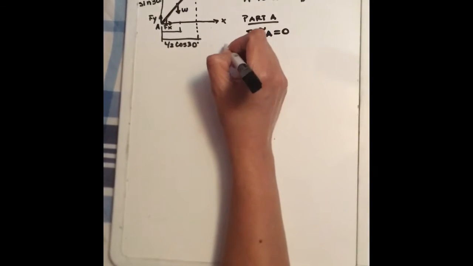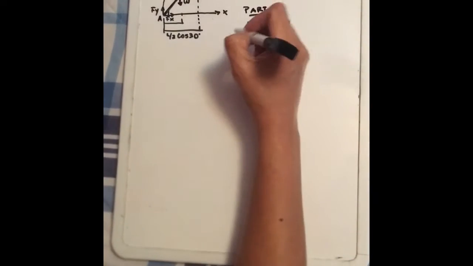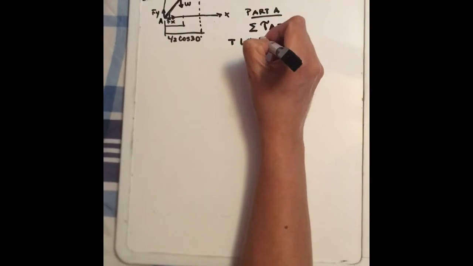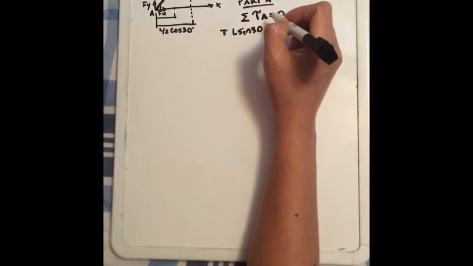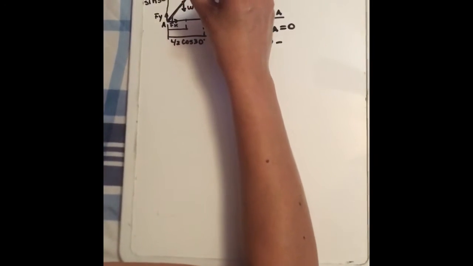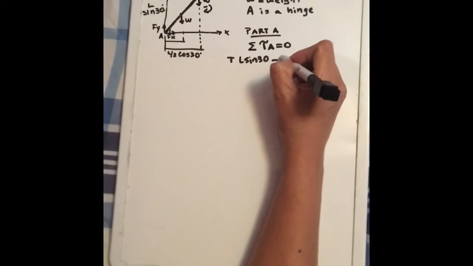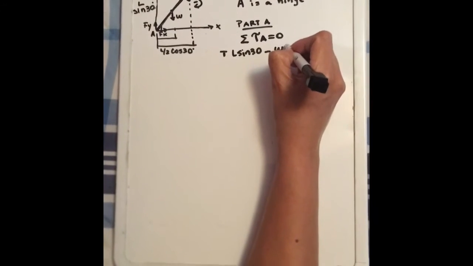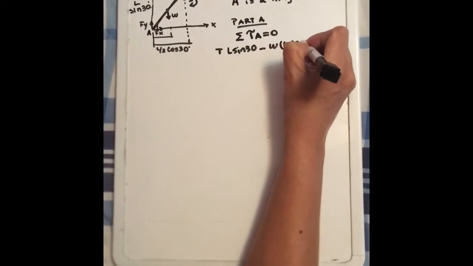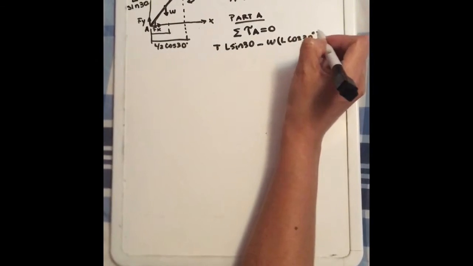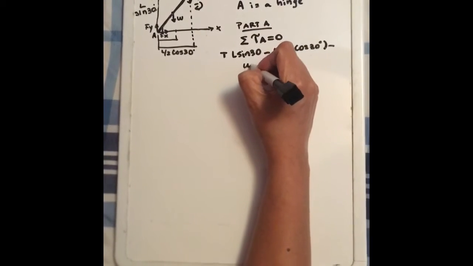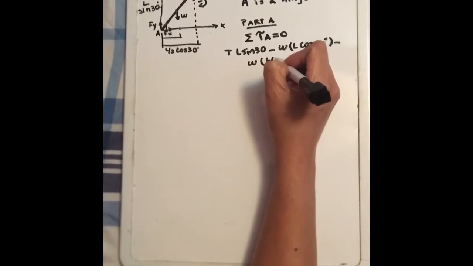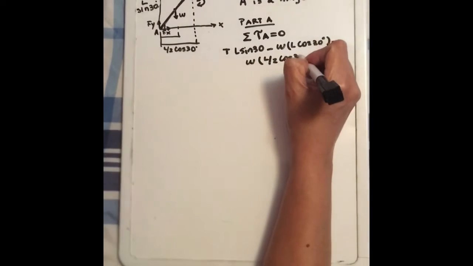So we have tension times the distance, which is L sine of 30, and its torque is in a positive direction, minus the other torque of the weight, which is in the negative direction, weight times L cosine of 30, minus this other torque for the central mass of the strut, which is W L half cosine of 30.